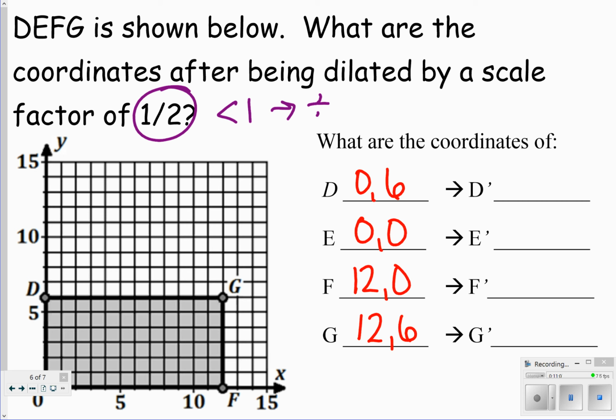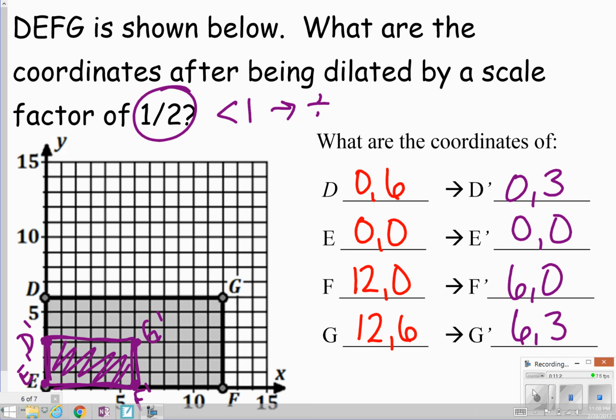So D prime is going to be (0, 3). (0, 0) stays exactly the same. And then it will be (6, 0). And then it will be (6, 3). So let's go ahead and add that information to our video. And now there we have the new rectangle that is the image of our pre-image, and you can see that it is smaller. It's half the size of our other image.